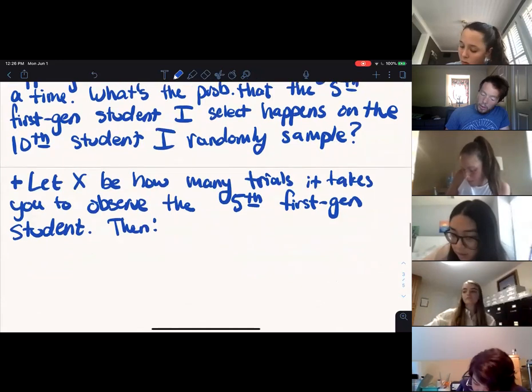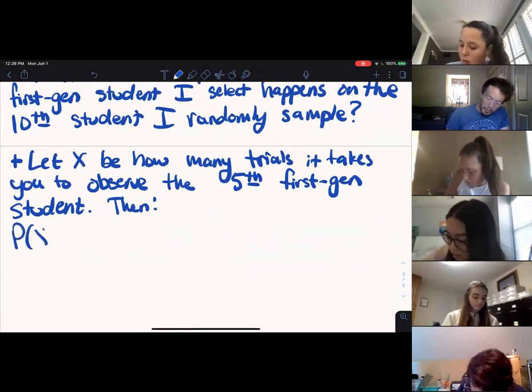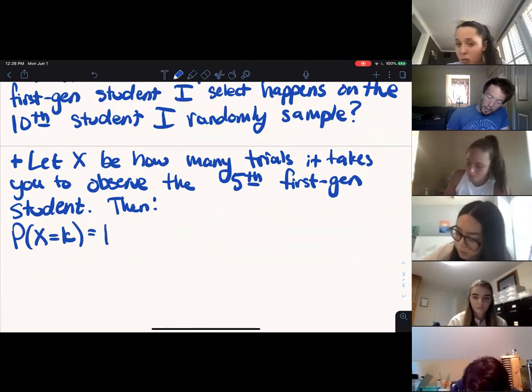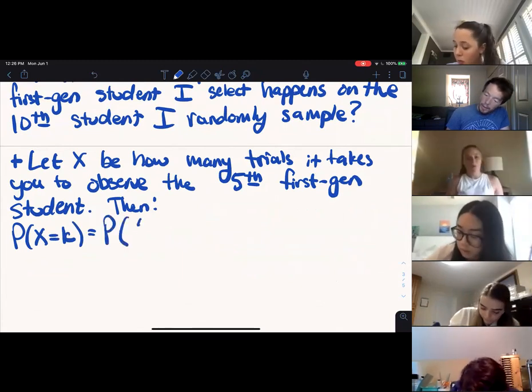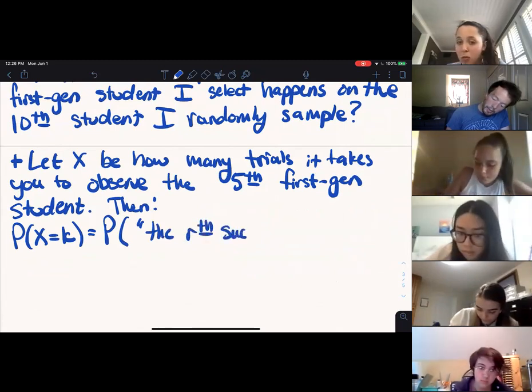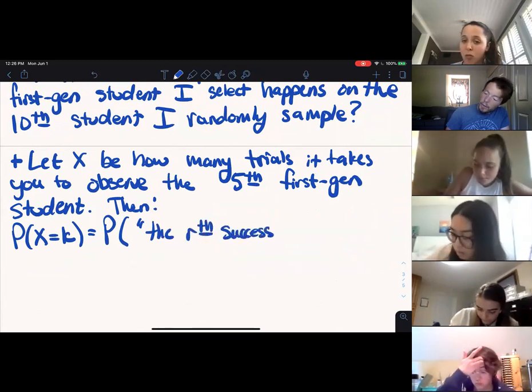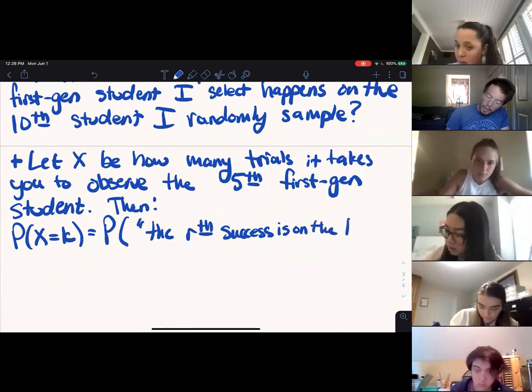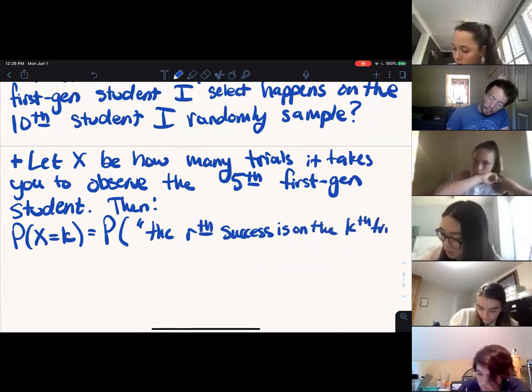Then the thing that we want is the probability that X equals k, the probability that our number of trials equals k, equals the probability that the rth success is on the kth trial.